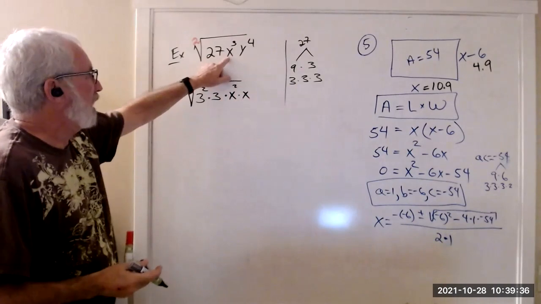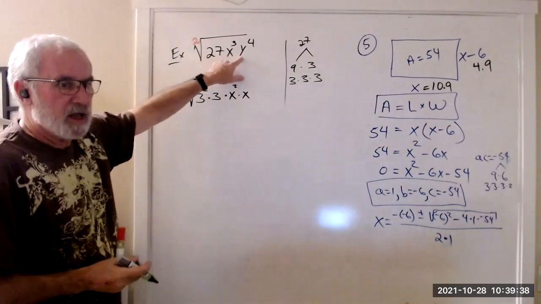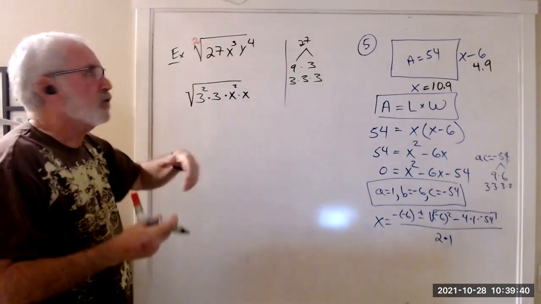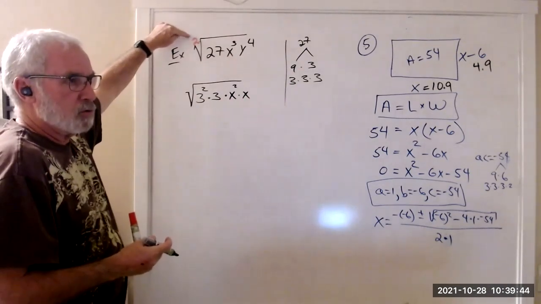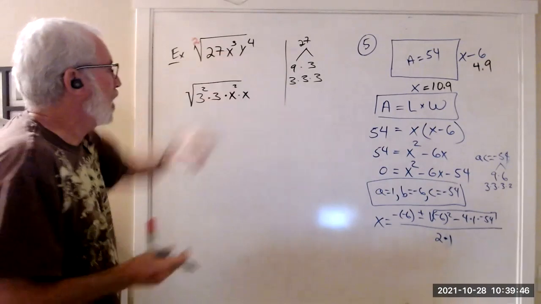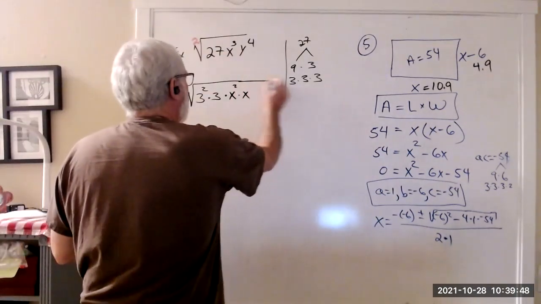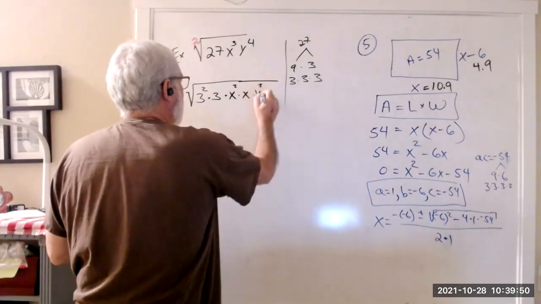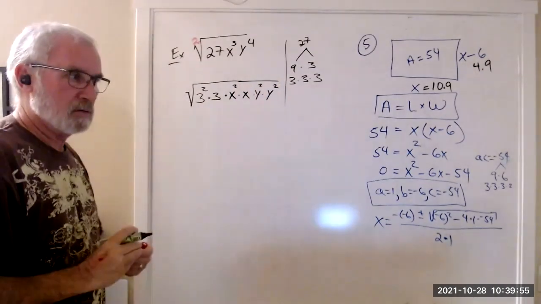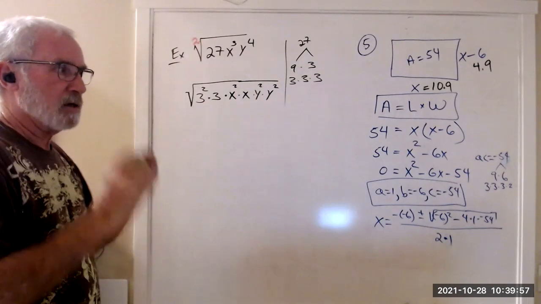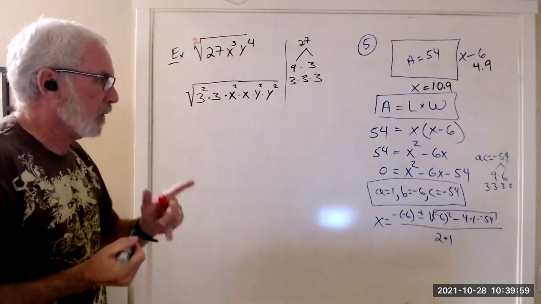We want to take everything here and break it into powers of 2, because it's a square root. So y to the fourth is going to be y to the second, y to the second. Okay, now, hang on, we're not quite done.